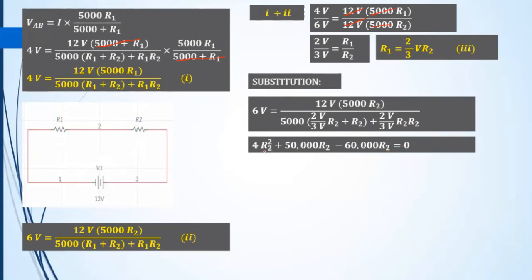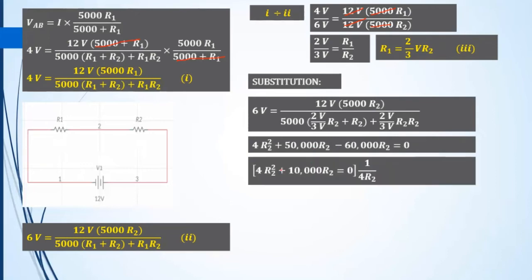So our equation here is 4R2 squared plus 50,000 R2 minus 60,000 R2. Since they are similar terms, we can just subtract this one.